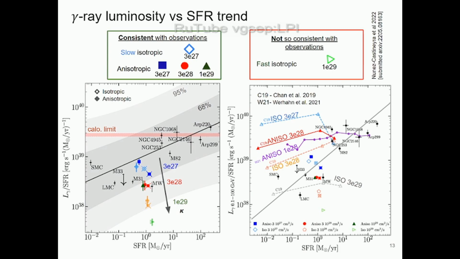So that might be a point, but nevertheless, simulations exactly like ours but with, let's say, the wrong gas physics, which are these points here with the cross, also give a compatible prediction for the gamma luminosity. So the picture might be more complex than we think, but what we see is that probably the kappa, the diffusion parameter, should be around 10 to the 28 as typically predicted.